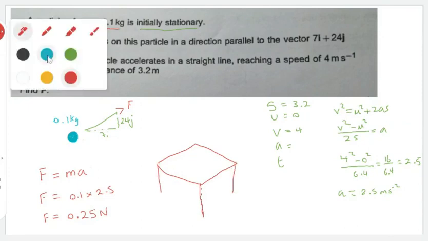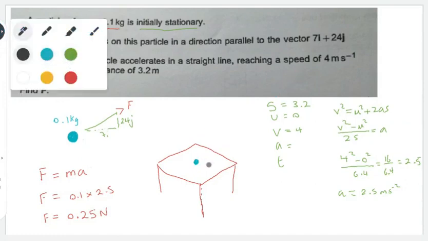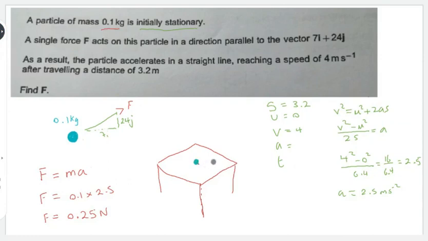This ball is on the table, and you've got the force which acts like 7i plus 24j, so roughly in this direction. If you imagine this being your i direction and this being your j, the force acts somewhere in between. Does that make sense?